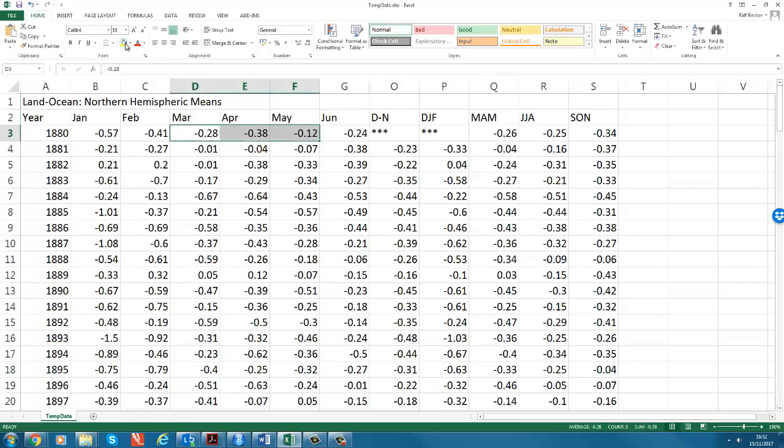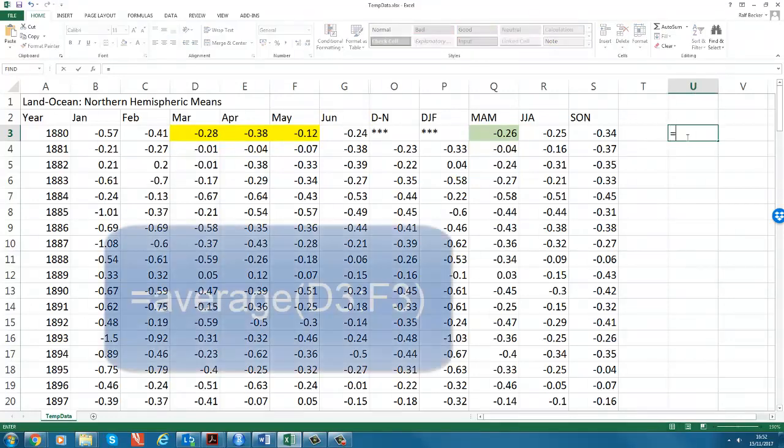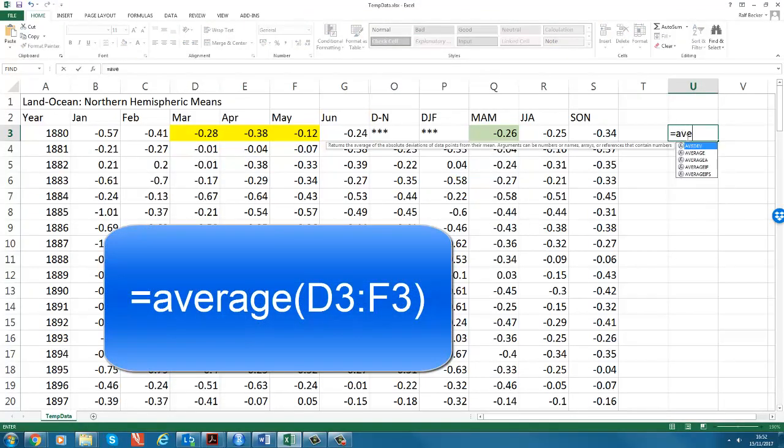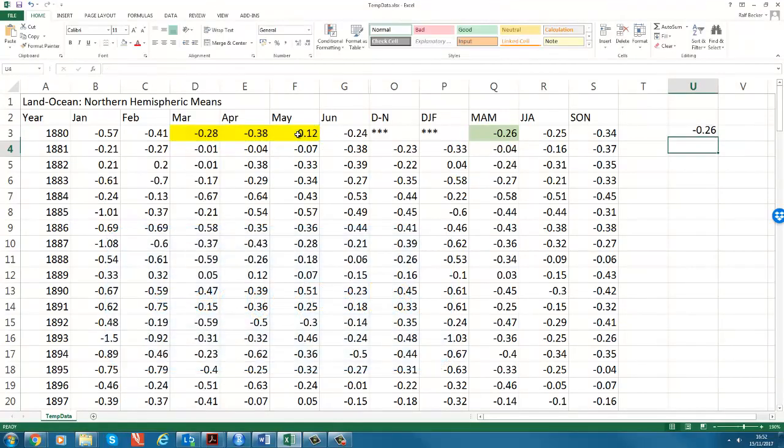We're going to look at these three values, and compare this to this green value. One conjecture would be that this value is the average temperature anomaly of these 3 months. So let's try that. Average of these 3 months. And indeed, we see that this value is exactly the same as this.